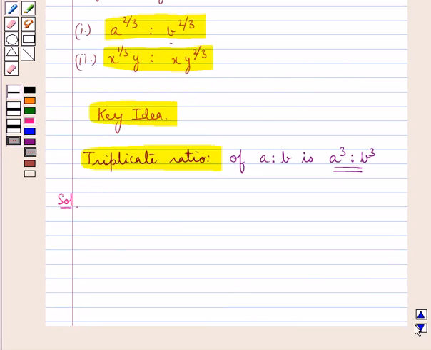In the first part, we are given the ratio a to the power 2 upon 3 is to b to the power 2 upon 3. We need to find the triplicate ratio of this ratio.